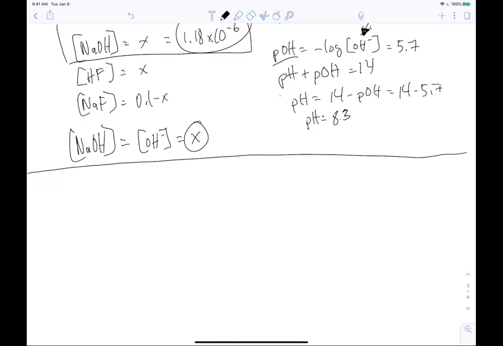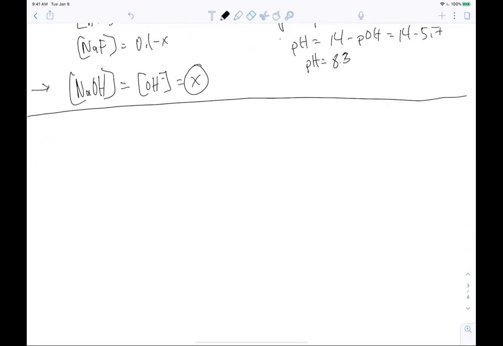Okay, let's look at another problem here. So let's look at the workflow for the problems, and I won't go through the solution part for solving the pH, just so we can get the neutralization stuff down. So let's look at a variety of scenarios here.